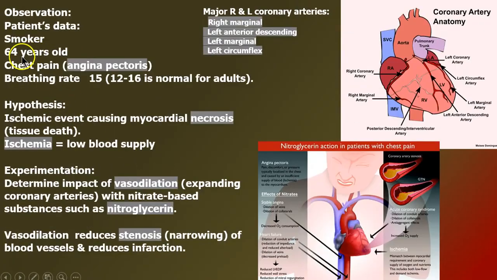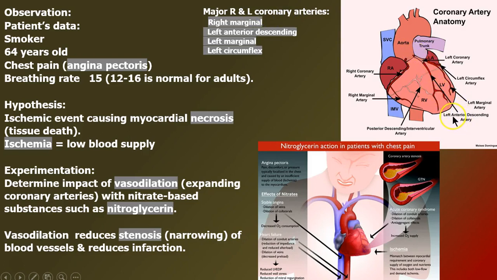All right, so here's the patient, 64 years old, chest pain, which is angina pectoris. Think of the pectoralis, the chest muscle. Angina, pain of the chest. What's causing it? Well, let's look at these coronary arteries. Coronary means crown, and it's like a crown because we have the anterior, which is the front, descending.